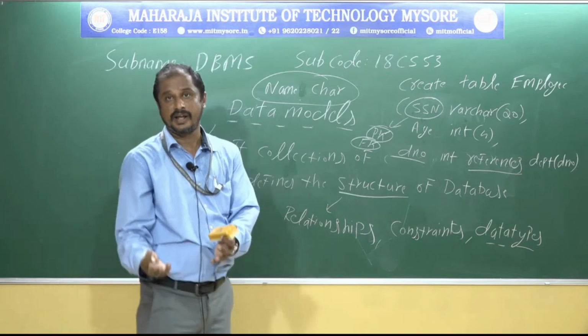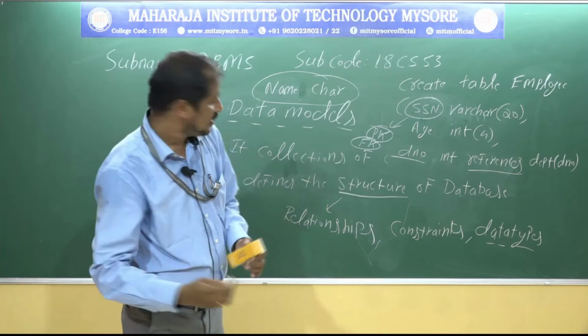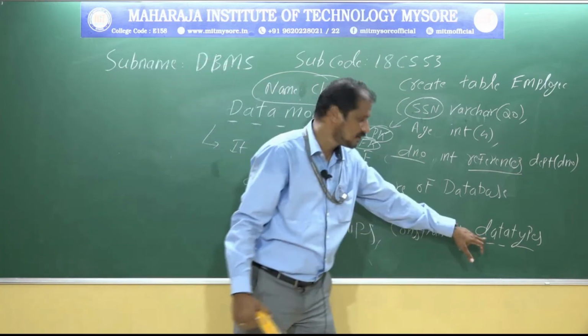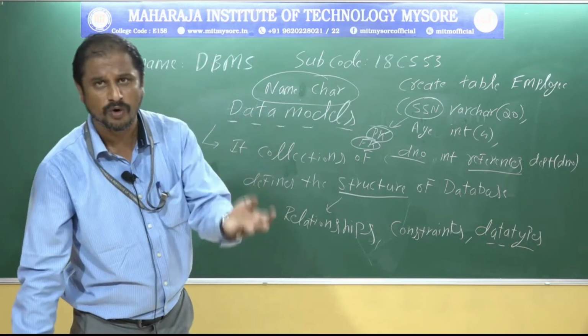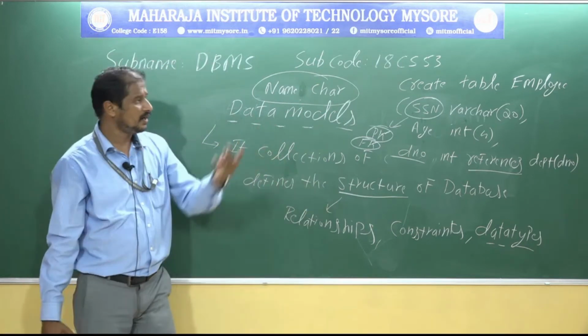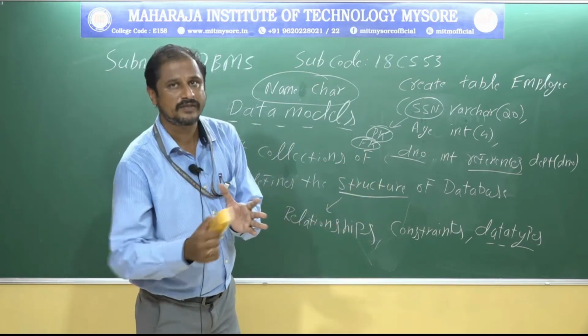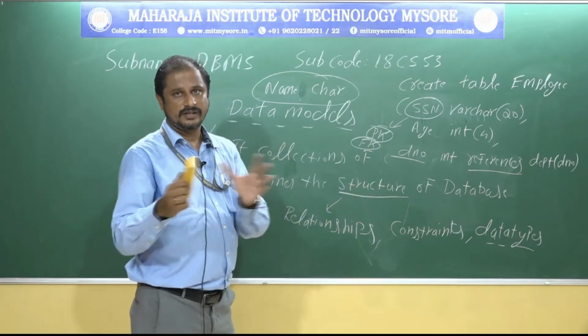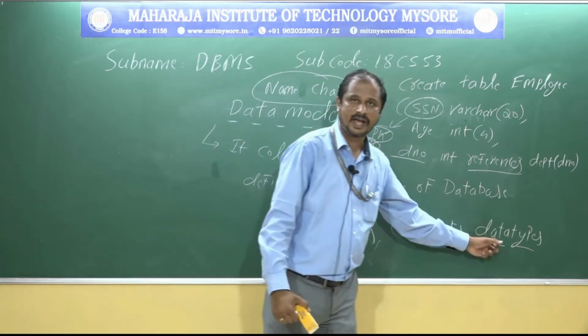Date we want to define as a data type, right? So that is called data types. So DBMS supports varying character, float, integer, number, date and time. So this is the data model defined with a data structure. So the structure of a DBMS can be defined with data types, right?